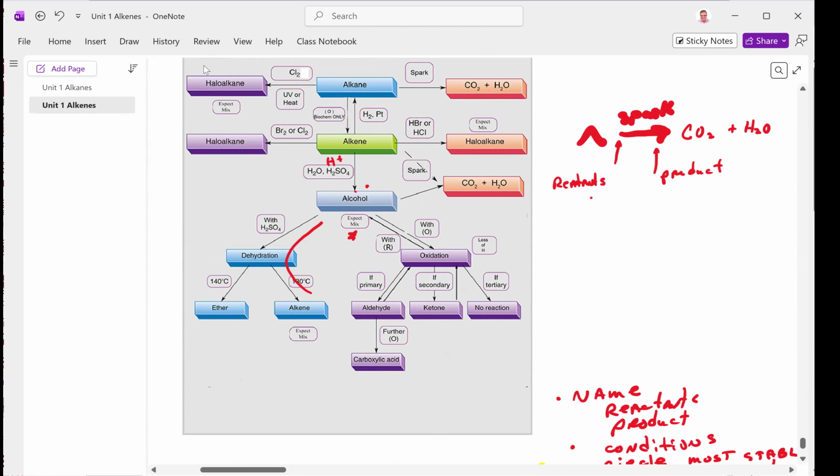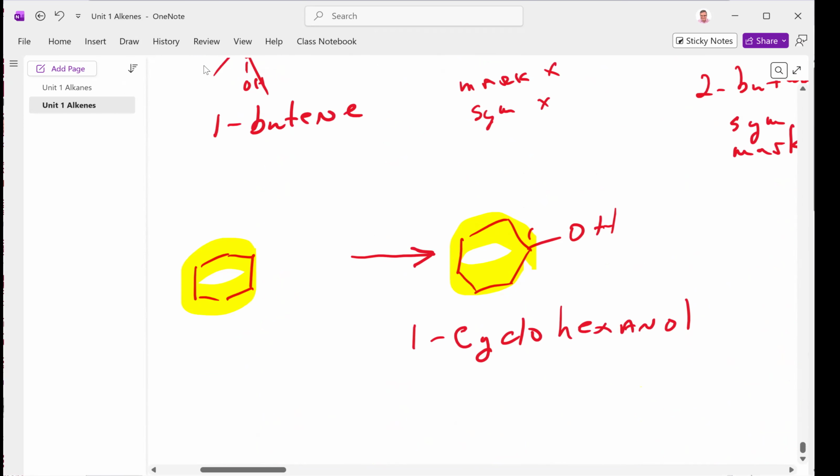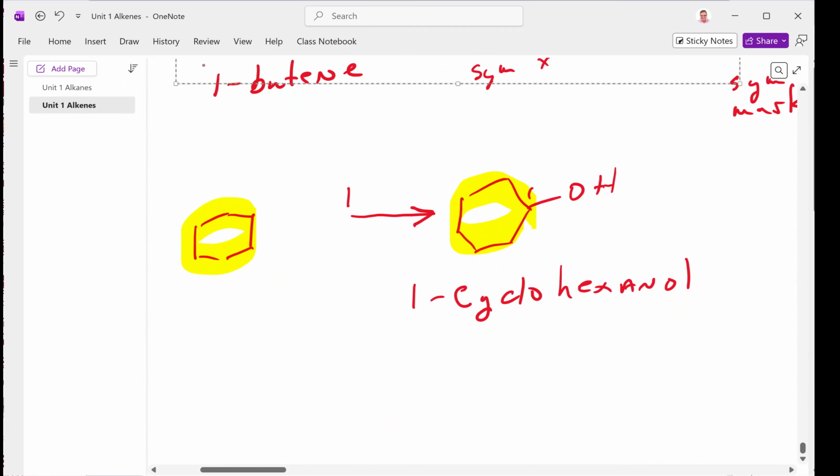You also need water and acid there for conditions. But which alkene? Anyone got any ideas?